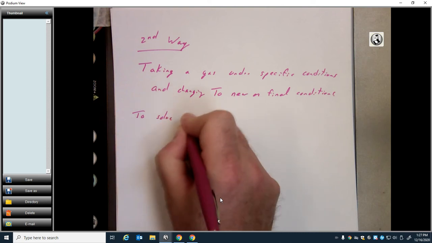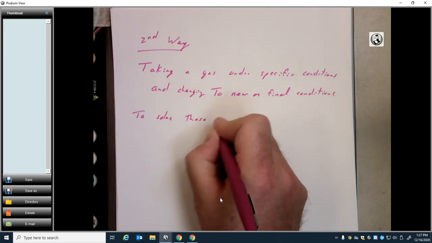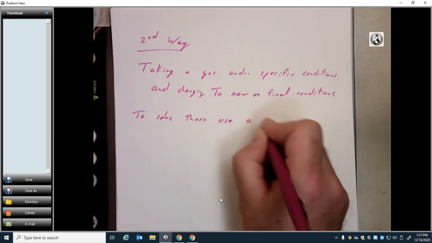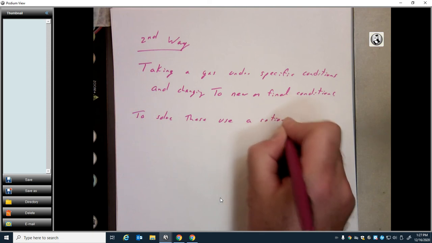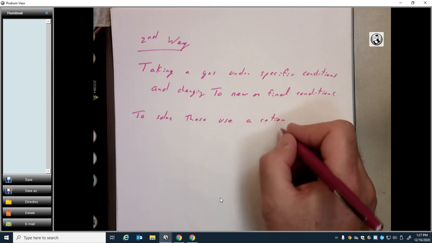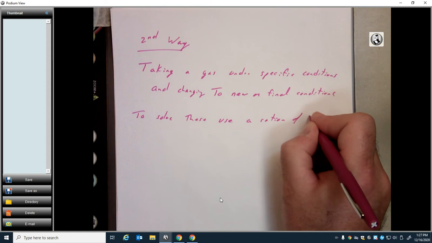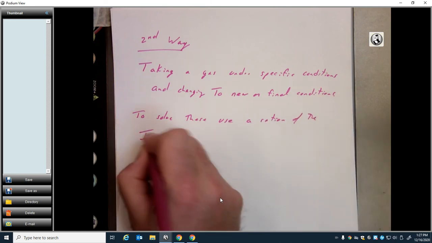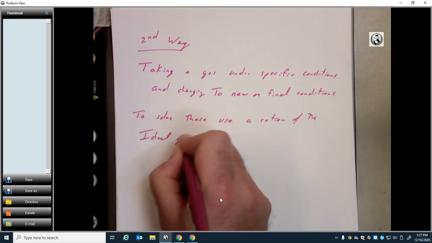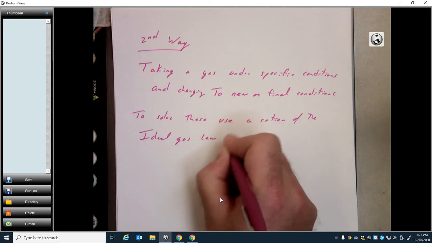To solve these, we're going to use a ratio of the ideal gas law equation.